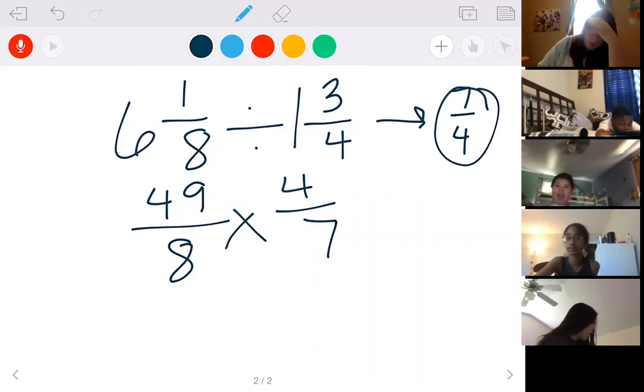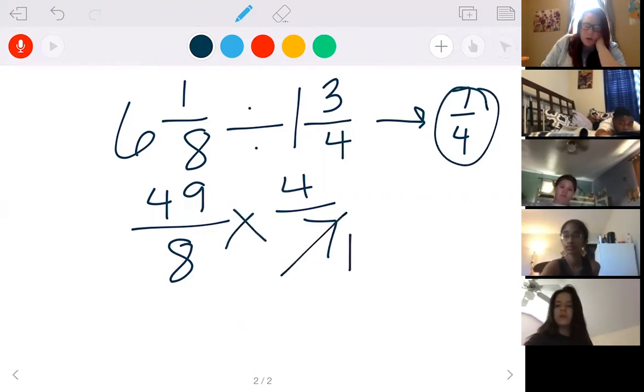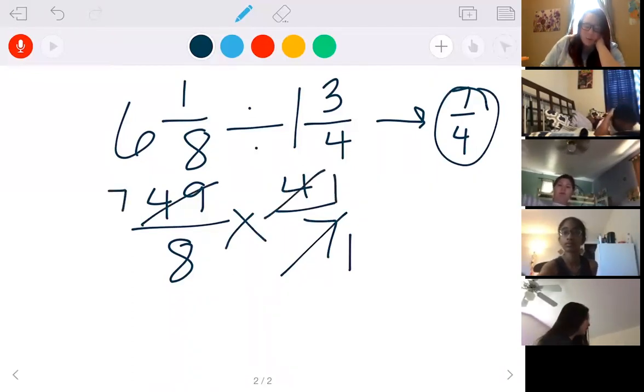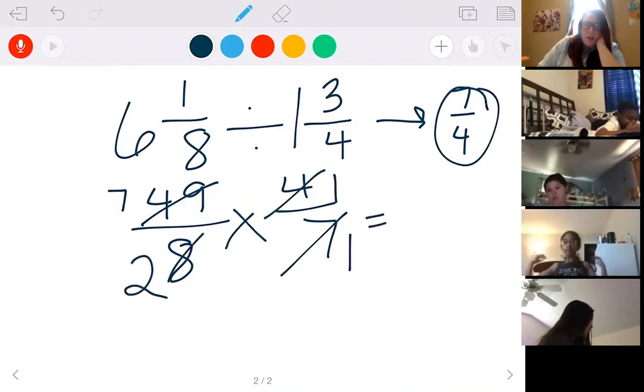Now, if you're not reducing like this, that means that you're doing 49 times 4 and 8 times 7, and reducing that is going to get a little harder. So if I reduce it this way, 7 divided by 7 is 1. 49 divided by 7 is 7. 4 divided by 4 is 1. 8 divided by 4 is 2. That makes it a lot easier.